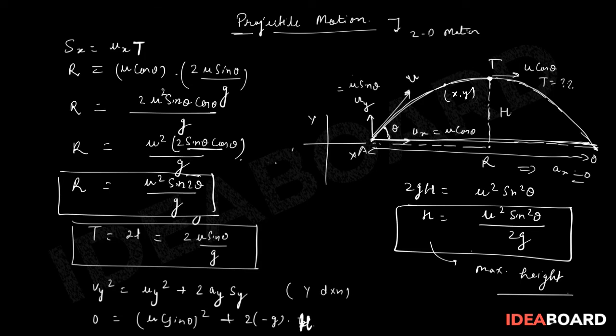And one more thing you need to understand: the horizontal velocity will be the same. At any point of time, u cos theta will be u cos theta itself. So that's how we define projectile motion. Okay, thank you.